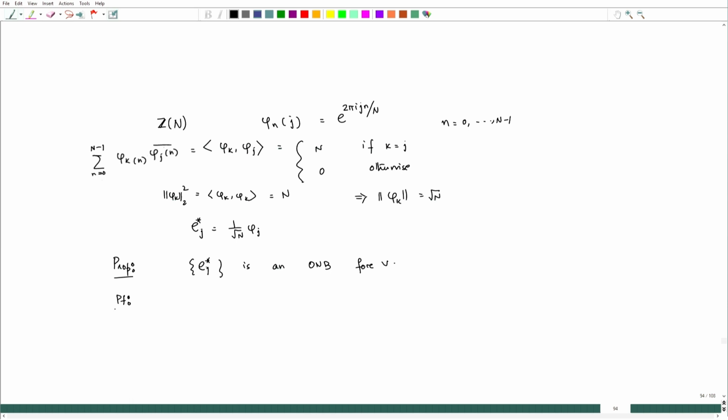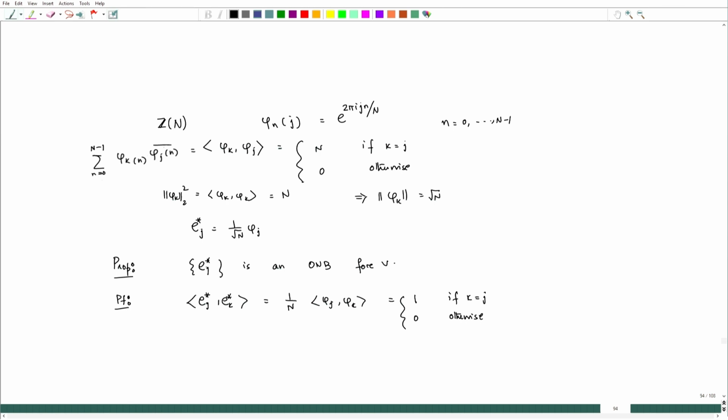Obviously now the inner product of E j star and E k star is equal to 1 over N times the inner product of phi j and phi k, and this is equal to 1 if k is equal to j and 0 otherwise. So, therefore, this is orthonormal.